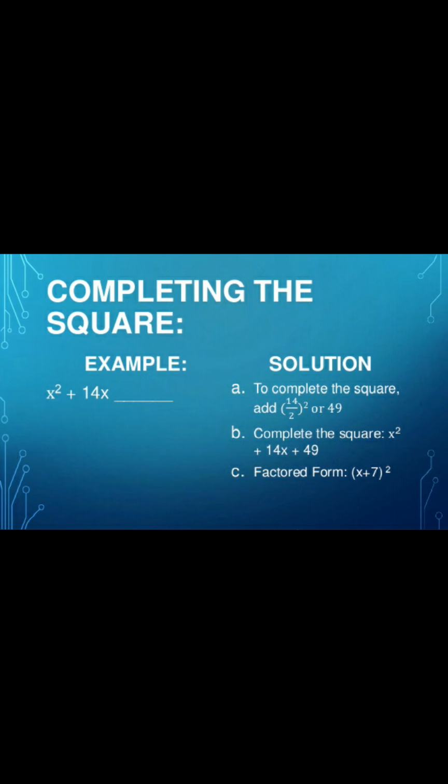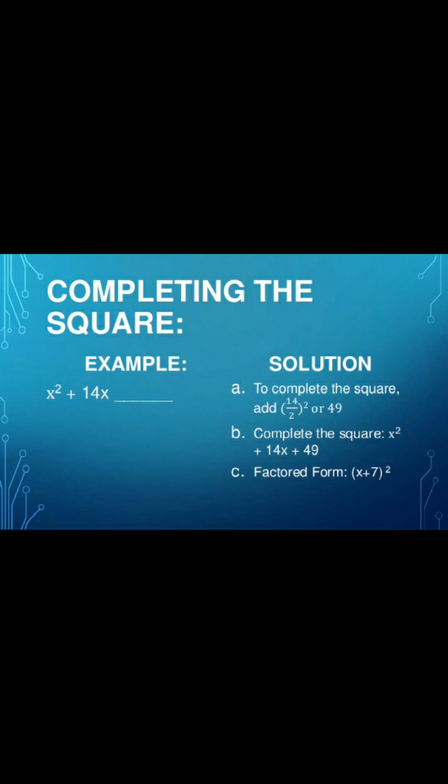This means we take the coefficient of x, simply take half of it, and then square it. It will be clearer with this example: x squared plus 14x. First, to complete the square, take the coefficient of x, that is 14.